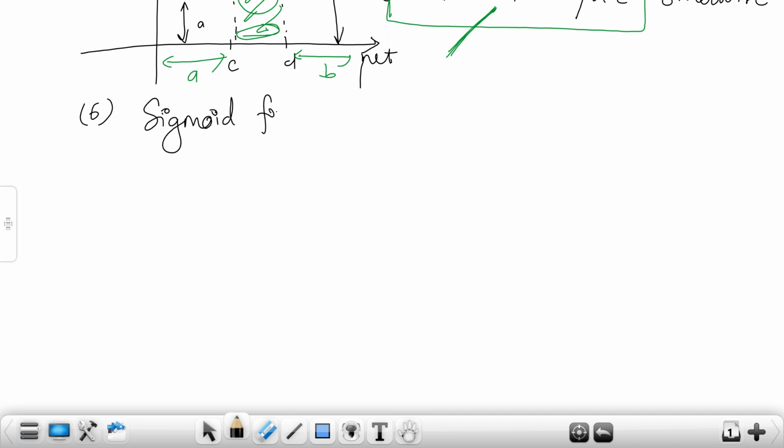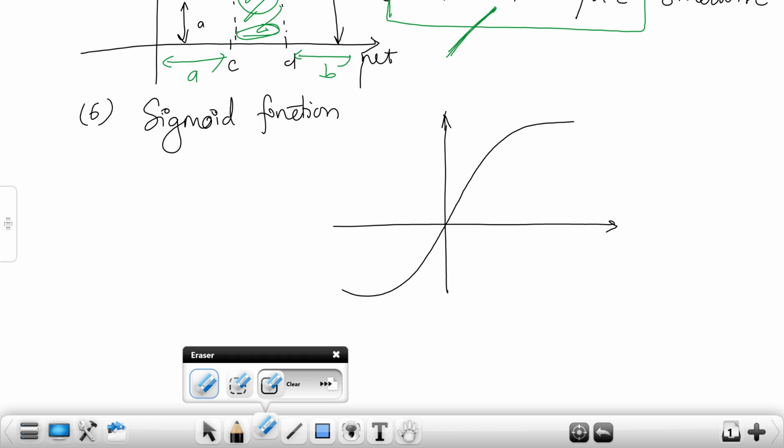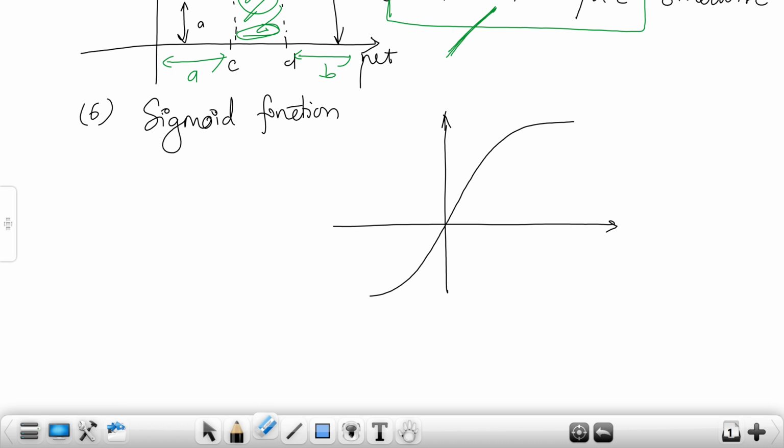Sigmoidal function. Okay, this will be like this. I have drawn the activation function directly.